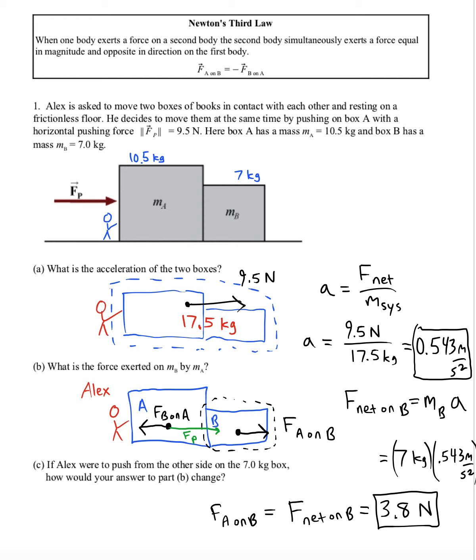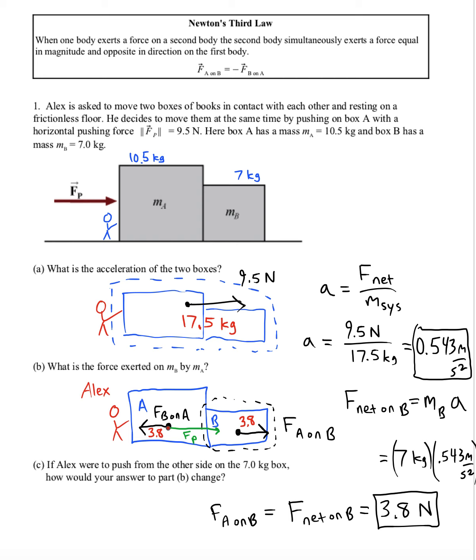Alright, so let's go ahead and label some of these force values then. The force of A on B is 3.8 newtons. And that means that the force of B on A is also 3.8 newtons. But remember that the force of push was 9.5 newtons.